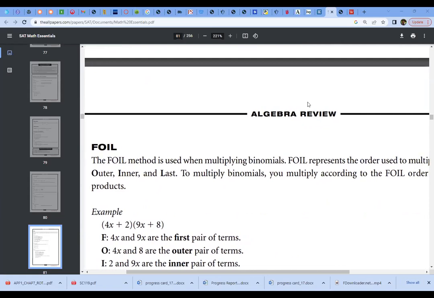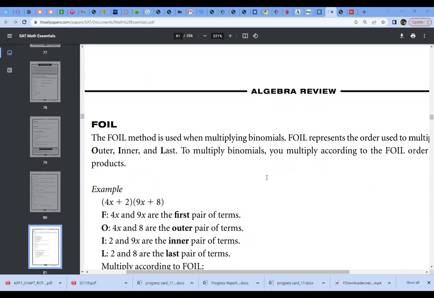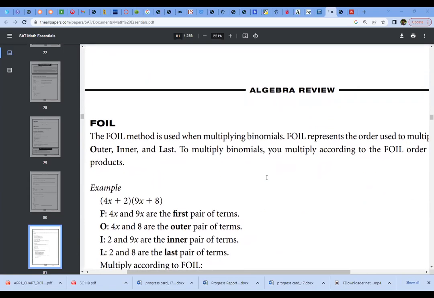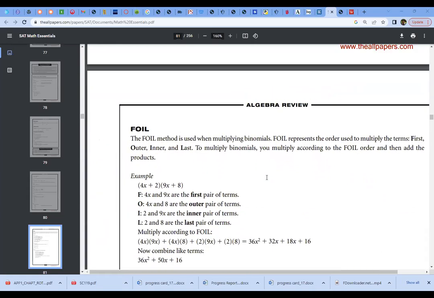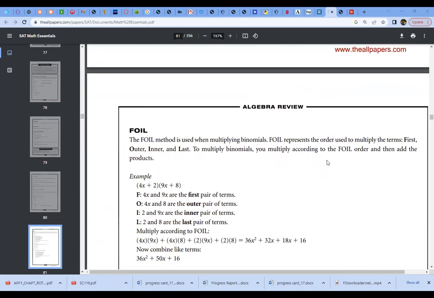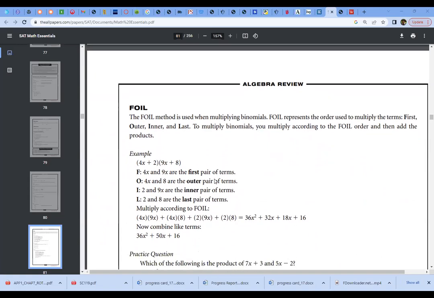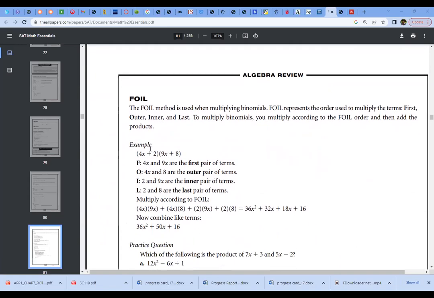Okay, so the FOIL method is used when multiplying binomials. FOIL represents the order of multiplication: you multiply the terms first, outer, inner, and last. So, for example, if you have 4x plus 2 multiplied by 9x plus 8.